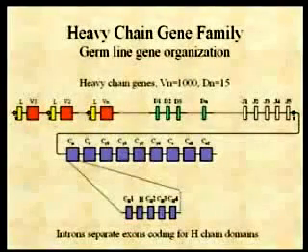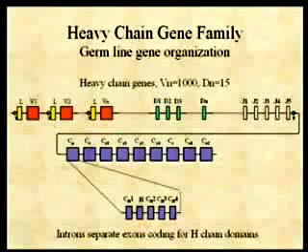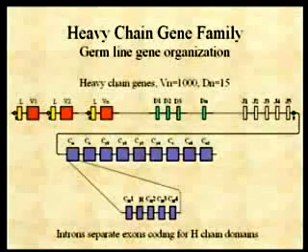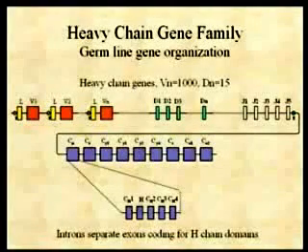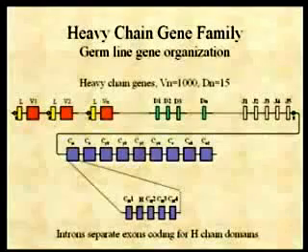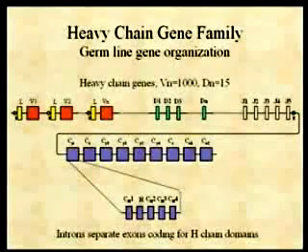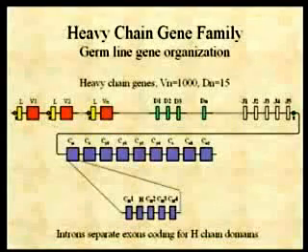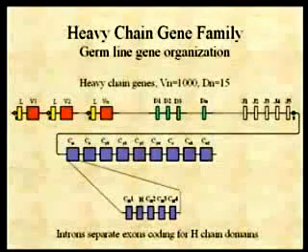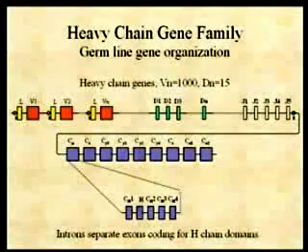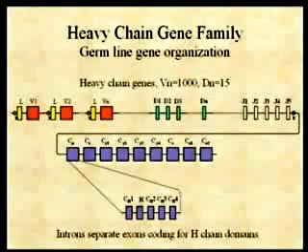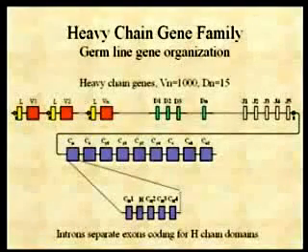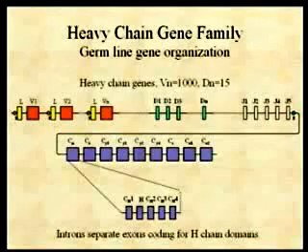So we have these constant region genes. Now, for simplicity's sake, on this and all the other slides where we're looking at the heavy chains, I'm going to show the heavy chain gene, the constant region gene, as one big exon or one big coding sequence. In fact, each of these constant region genes has a substructure like this. Every domain is actually a separate exon.